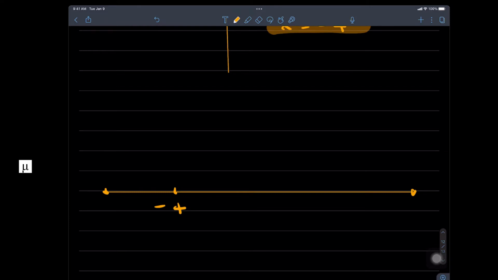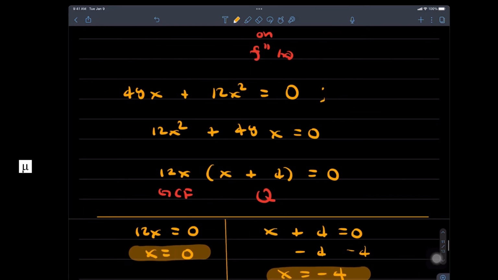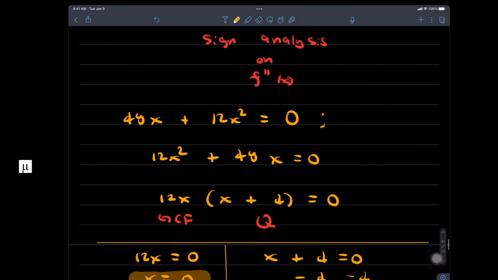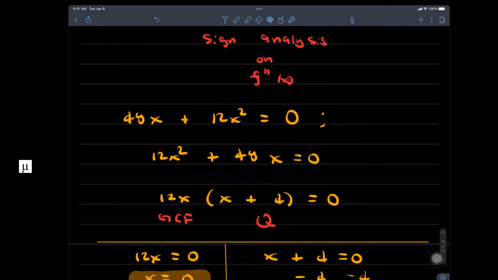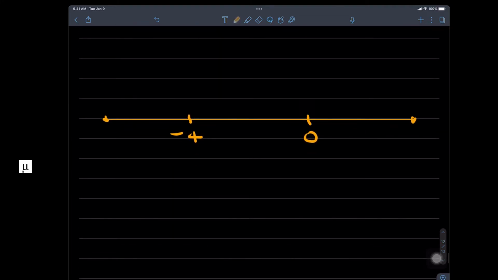Negative 4, 0. Let's go do this here. What's that second derivative again? It's right here. Okay. And I like to use this form. Remember, you're setting this up.